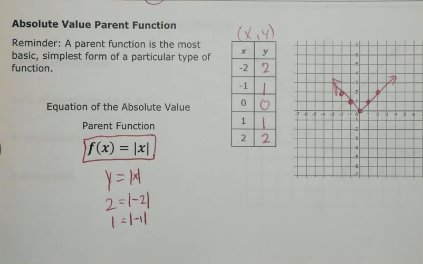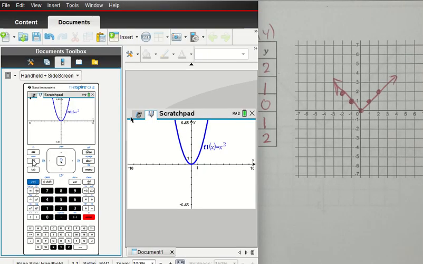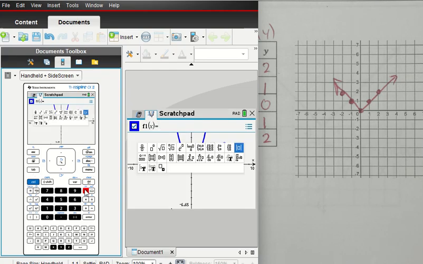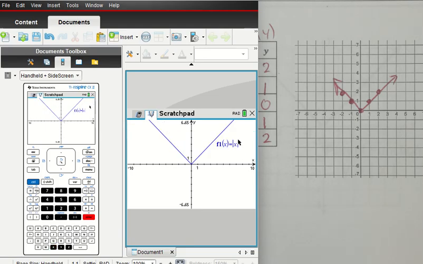And again, besides being able to graph it manually, you can also graph it on your calculator. So right here, when we go into graphing, we will type once again the absolute value, which is the special characters next to number 9, absolute value, type x inside, and then there it is. There's the absolute value parent function.